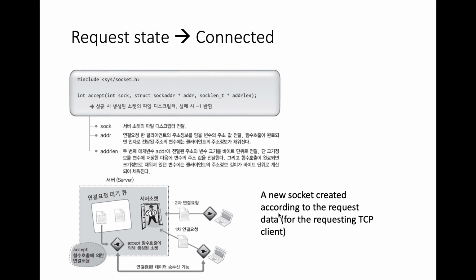A new socket is created according to the request data for the requesting TCP client. That means after this function call of accept, we will be creating a new socket with the client socket that tried to connect to the TCP server, and this will be returning that file descriptor. That means the socket's descriptor.